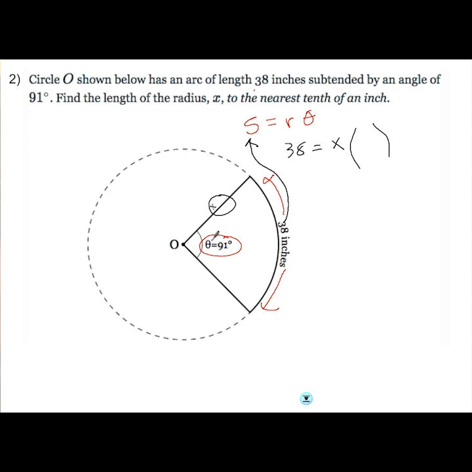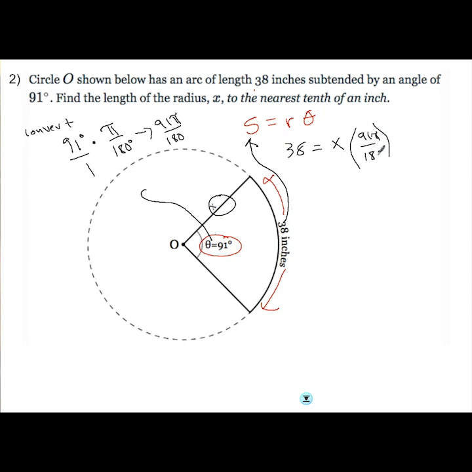So before I put that value in here, I'm going to convert this 91 degrees by multiplying by pi over 180 degrees. All right, so that is 91 pi over 180. That's the value I'm going to use right here.